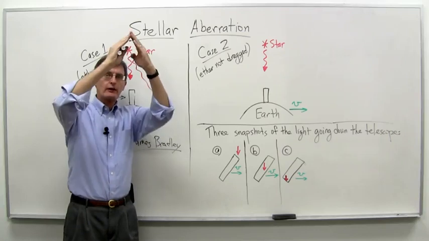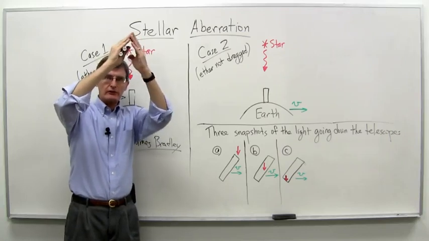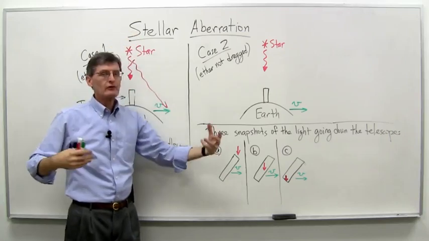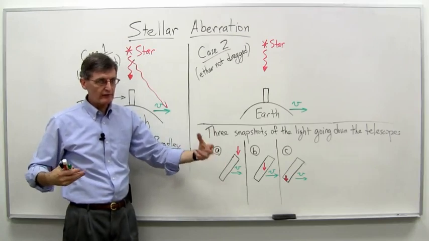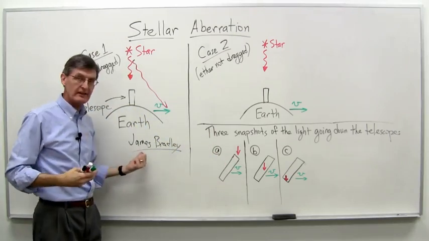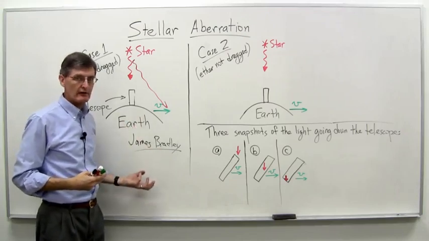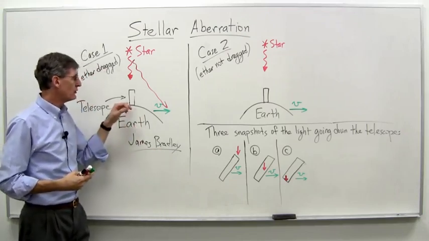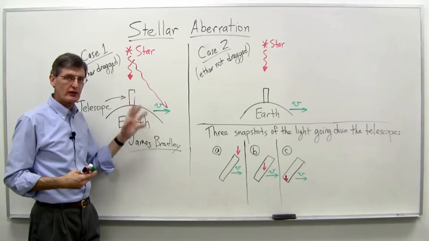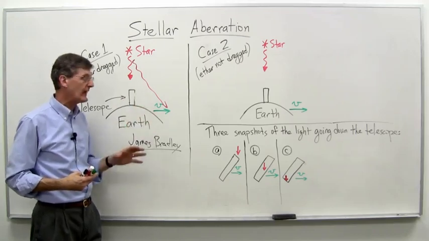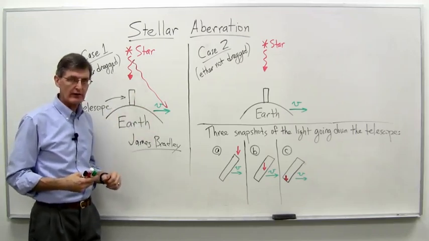If you take the photographs, maybe there'll be a slight shift in the direction of it. Turns out, actually, the stars are too far away to be detected that way in terms of the equipment that Bradley had. But what he did find was that, yes, you do actually have to shift your telescope slightly at a slight angle to catch the starlight coming down properly.